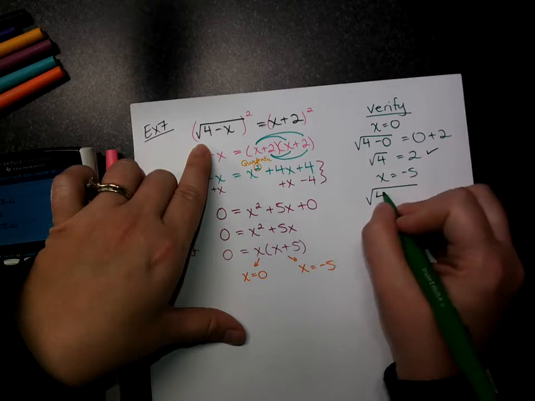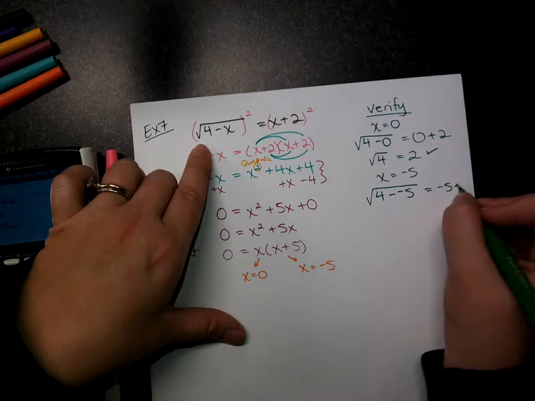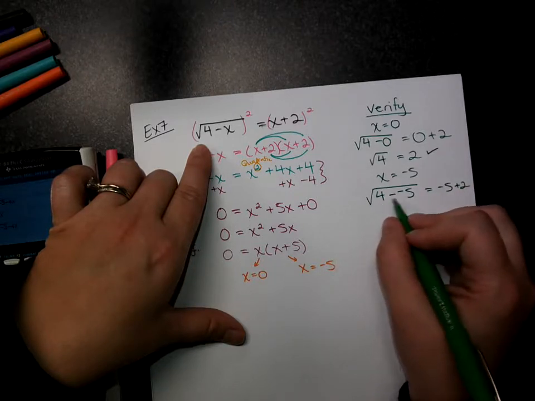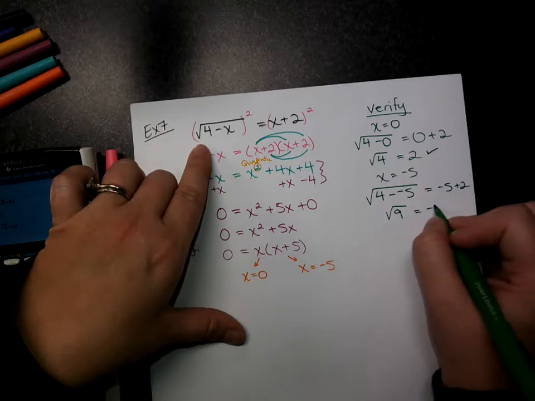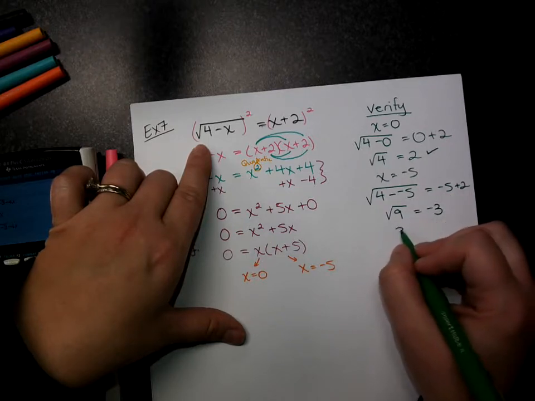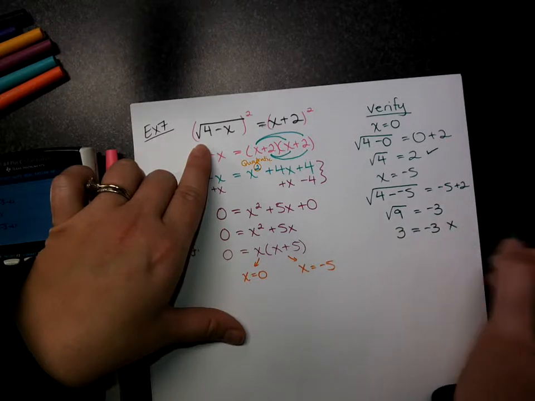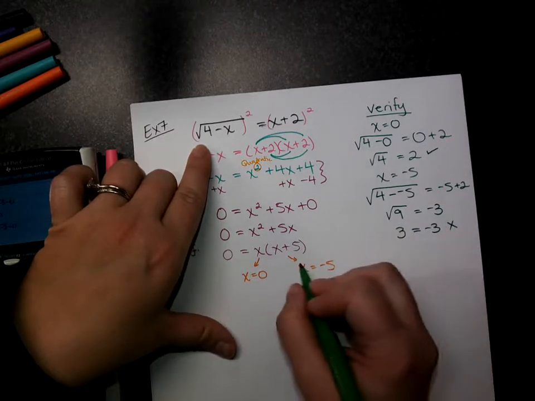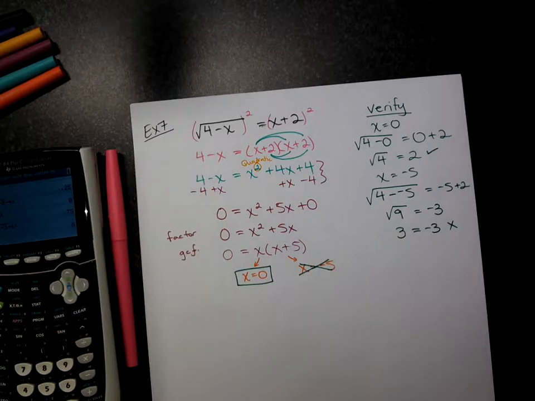Square root of 4 minus negative 5, I need to see if that equals negative 5 plus 2. 4 minus negative 5 is 9. Negative 5 plus 2 is negative 3. The square root of 9 is always defaulted to be the positive 3, and it's not the same as negative 3. So that is not a good answer. There's only one good answer for this one. So sometimes they both work, sometimes neither of them work, sometimes only one of them works.